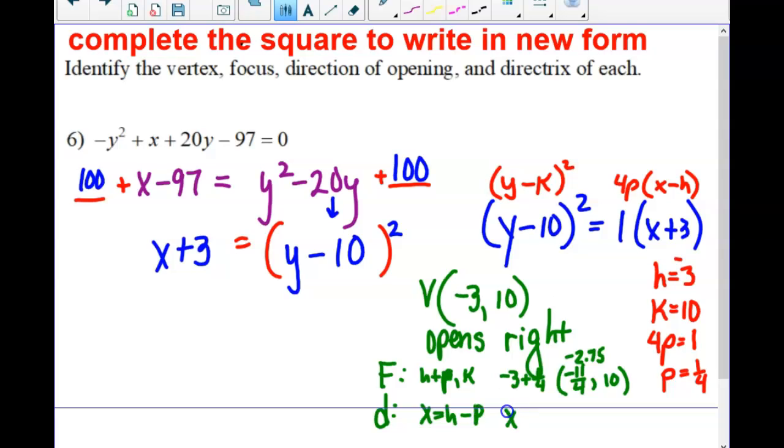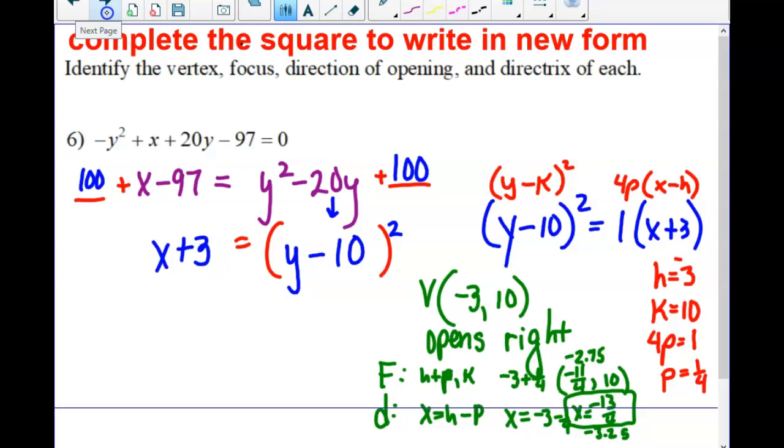So this would be x equals -3 minus 1/4, which is -3.25, or 13/4, you said? X equals -13/4. Sorry, could I have written that any smaller and scrunched it in there?